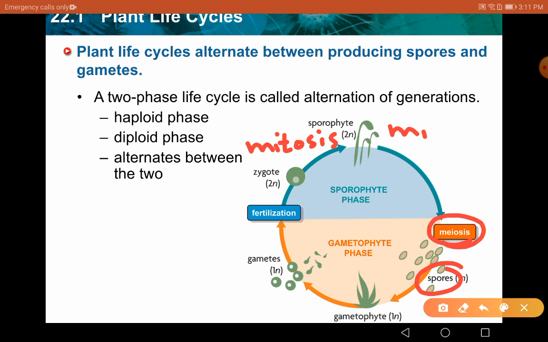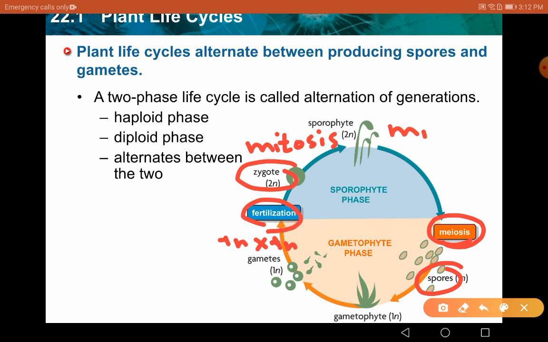The moving and dividing by meiosis through the gametophyte phase continues until reaching fertilization, which happens between one n, the male, and another one n to produce the zygote, which has 2n, and then it will divide by mitosis to produce the sporophyte, and again, etc.